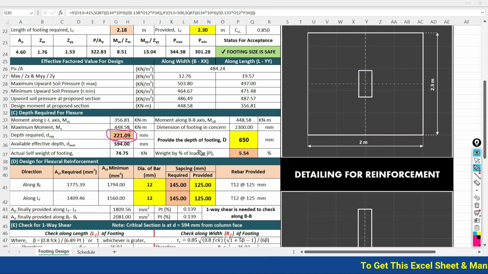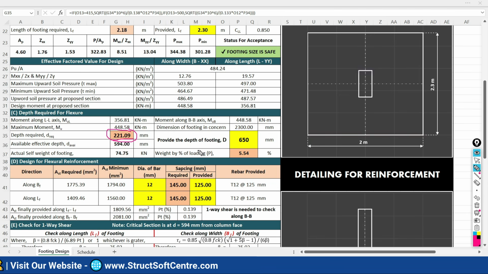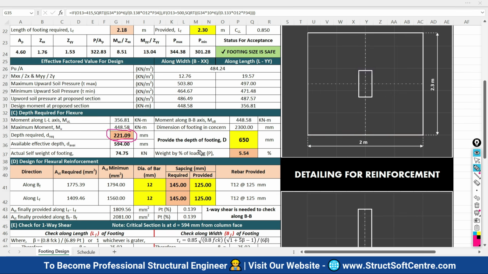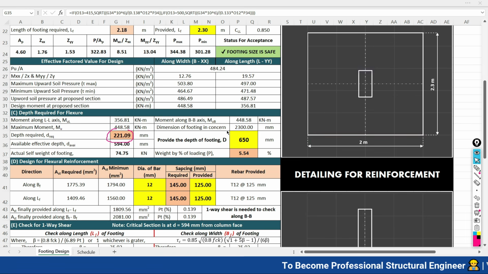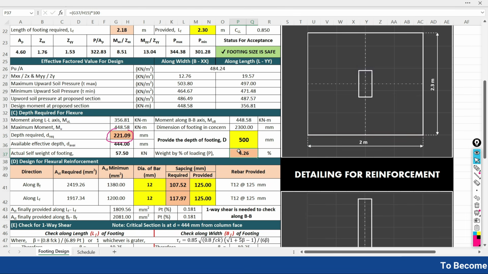But for your kind information, the depth of the foundation is mainly governed by shear instead of flexure. There are two types of demands for the foundation depth. One is your flexural demand, the second one is your shear demand. So normally the depth requirement is going to be governed by shear demand instead of flexural demand. So instead of directly using 221.09, I would like to go with a 500 overall depth of the foundation.